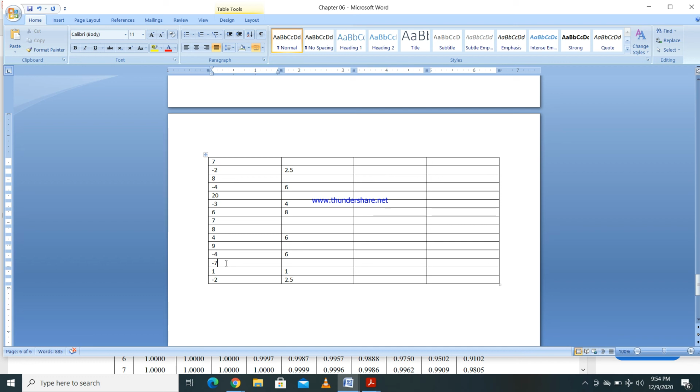Divide by 3: 30 divided by 3 is 10. So for each 7 you give 10. We have given up to rank 11. And the next one is 8. You have one 8 and another 8 here, so you can give 12 and 13.